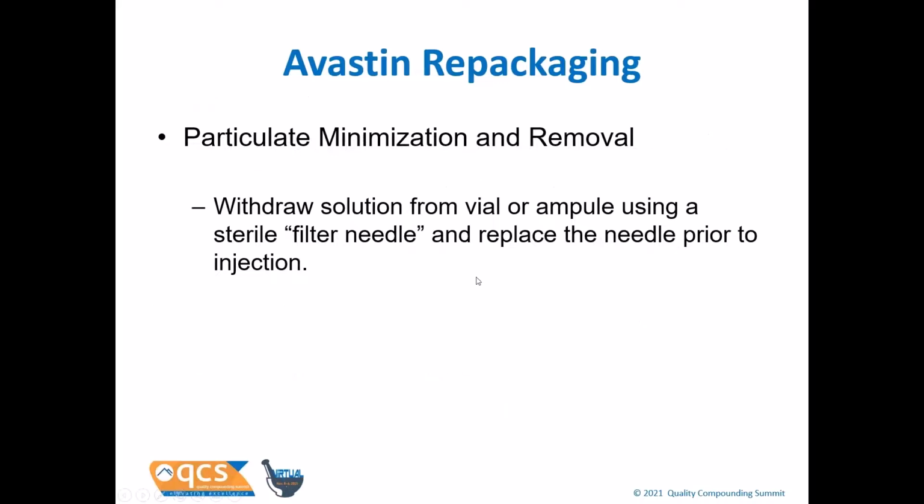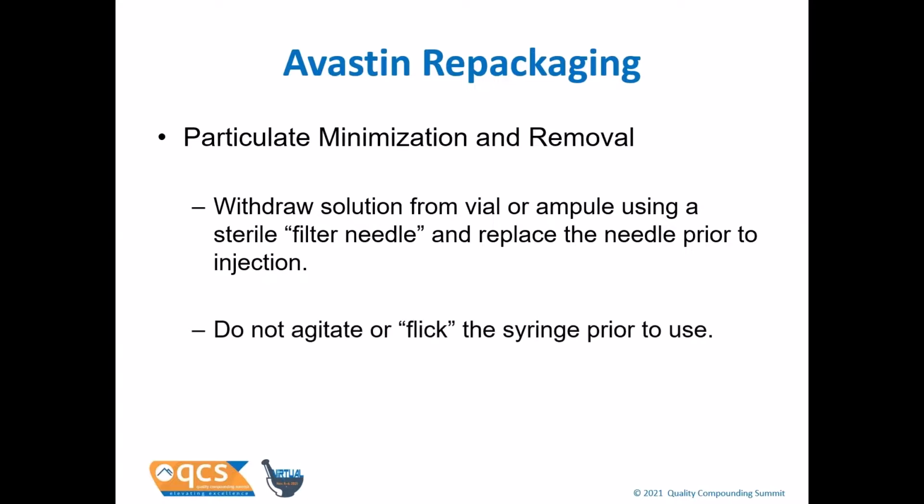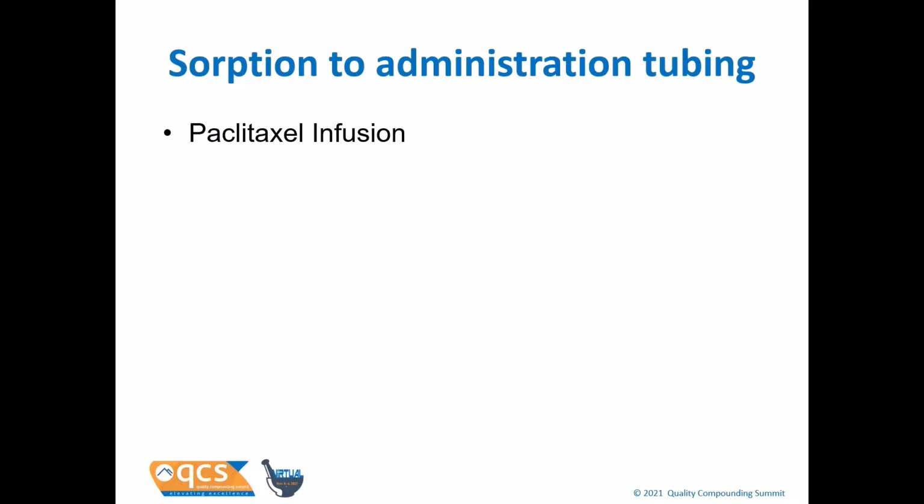So the caution here is don't flick the vial or the needle. Withdraw the solution from a vial or ampule using a sterile filter needle and replace the needle prior to injection, okay? So don't flick and then use a filter needle, replace the needle prior to injection. And obviously don't agitate or don't flick.